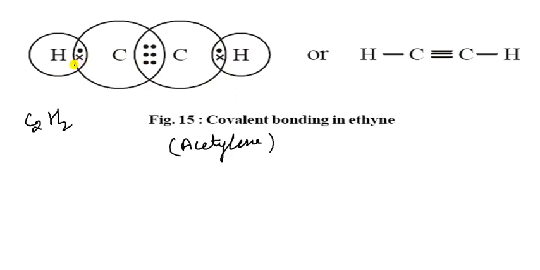So there are 2 hydrogen atoms and 2 carbon atoms, and they form a triple covalent bond. You can see here carbon also has 4 electrons, 1, 2, 3 and 4. Hydrogen has only 1 electron in the outermost shell, and this hydrogen also has only 1 electron in the outermost shell, and they share like this and form a triple covalent bond. This bonding is a triple covalent bond.